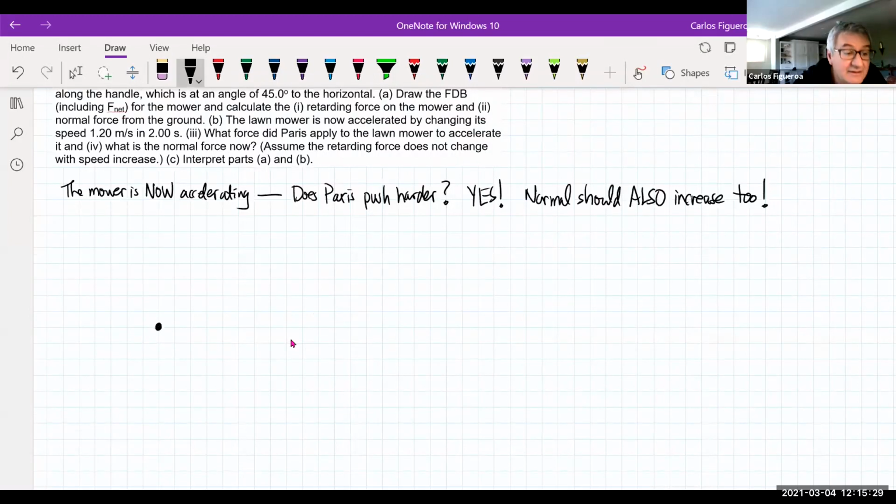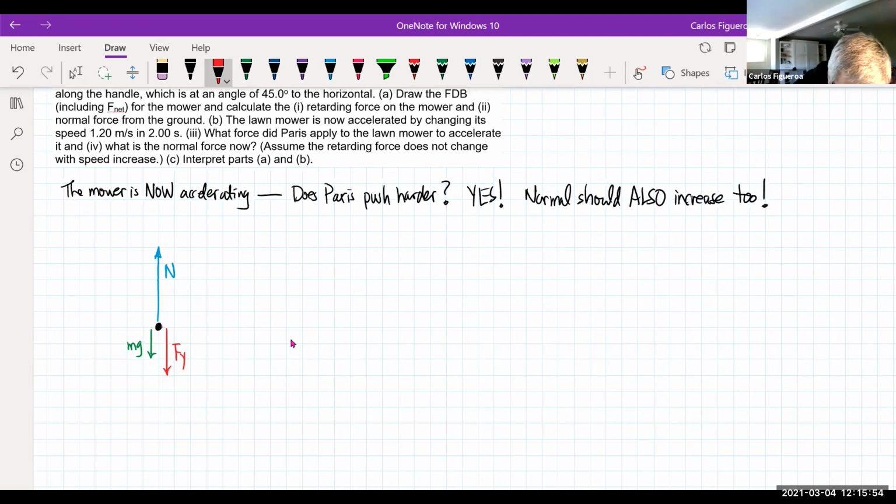So let's say that this is Paris moving at constant velocity. What we said here is, let's say that mg is 2 squares, and let's say that Fy is 3 squares. And what we found here is that the normal then had to be 5 squares up like this.